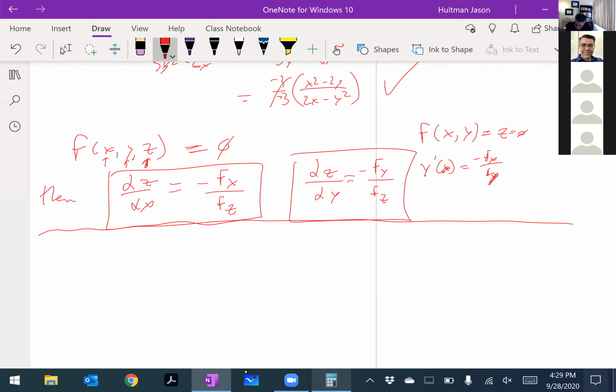Okay, so let's move into 14.6, directional derivatives and the gradient. The gradient, yay, we're finally at the gradient, which is good. Good stuff. The gradient is good.